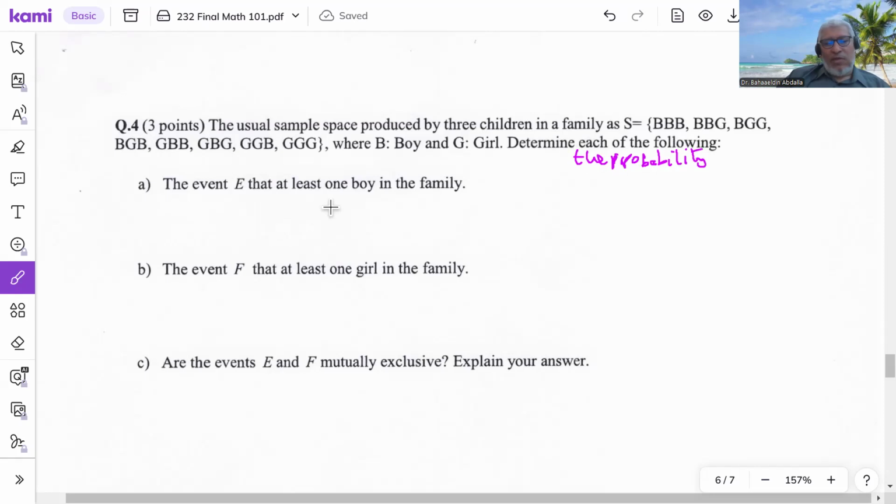Otherwise, if he doesn't want the probability, then the event E that at least one boy is in the family, you just find E. At least 1 boy in the family, so it could be 1 or 2 or 3. So in fact, it's everything.